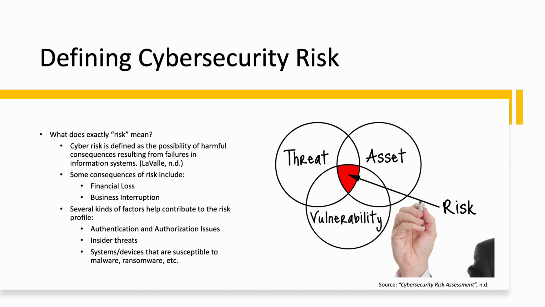There are several factors that contribute to the risk profile for the organization, which include authentication and authorization issues. We also have insider threats and systems and devices that are susceptible to malware, ransomware, and several other types of malicious software or vulnerabilities.